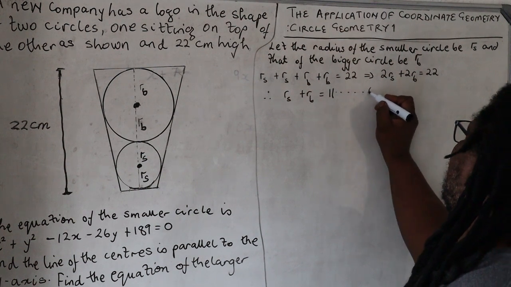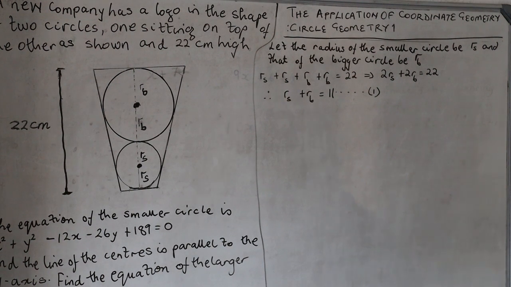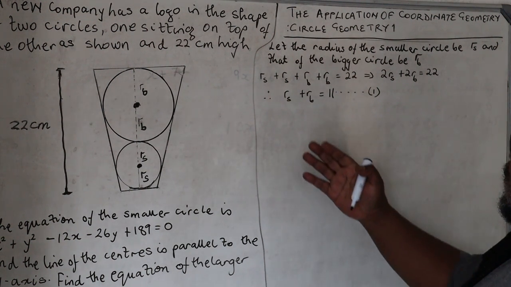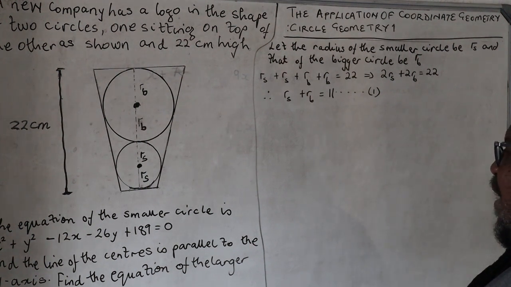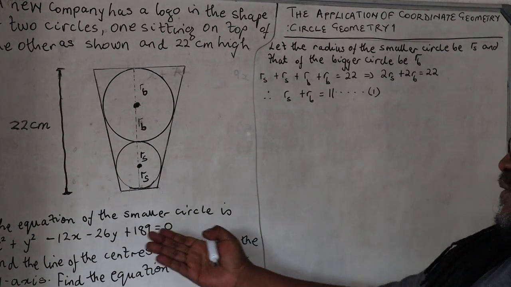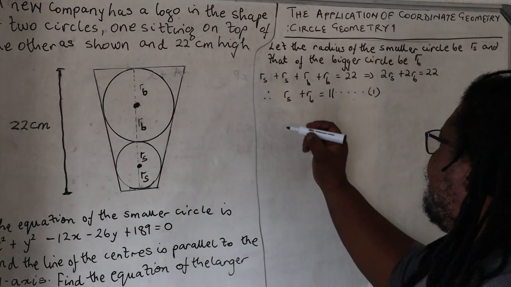You divide this equation here through by 2, and let us call RS plus RB is equal to 11 our equation 1. And we can take the equation of our smaller circle to be our equation 2.